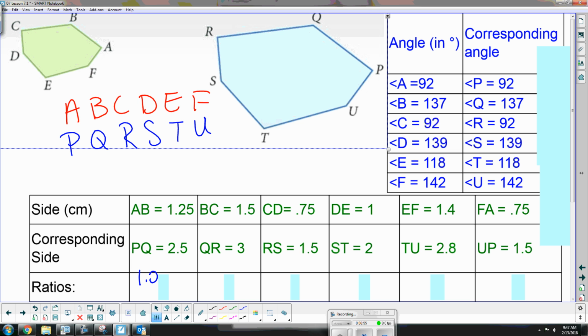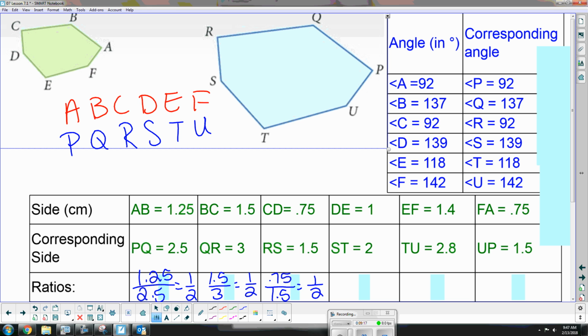So 1.25 over 2.5, that's the same as 1 over 2. 1.5 over 3, again, is the same as 1 over 2. CD is 0.75 over its corresponding side.